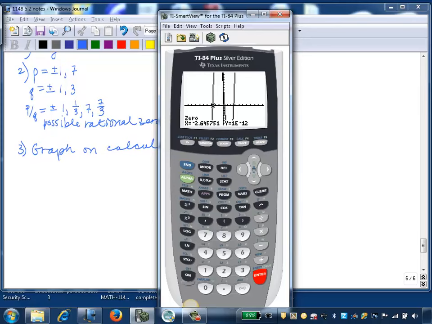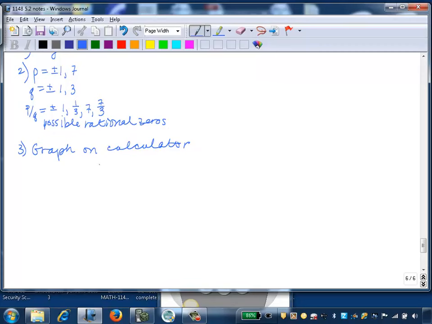So it looks like we're going to get about -2.6, -2.65 if we round it. So if we want to make a little sketch, it looks like one of them is about -2.6.